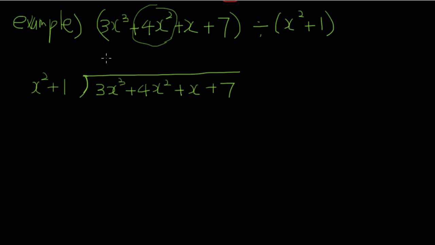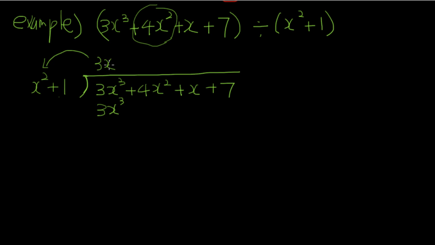So I'm thinking of a term that I'm going to put right here, multiplied to x squared becomes 3x cubed, so it must be 3x. Multiply that to here, put it right underneath, which is 3x cubed.